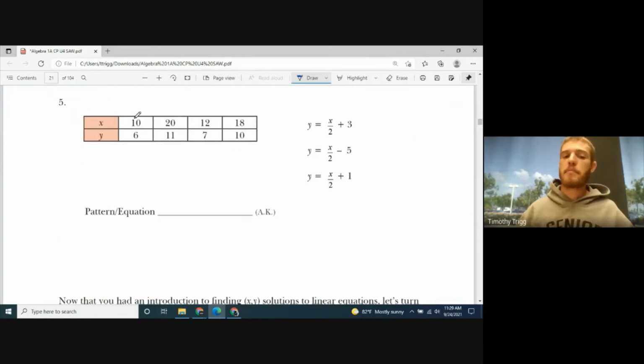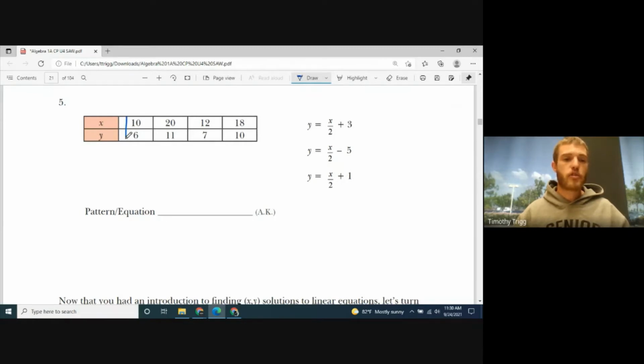All right, this is the same deal, except they wrote it vertically with the x and then the y, but it's the same idea. Replace the x and y coordinates in these and figure out which of these equations would produce this set of coordinate points. So let's try the first equation, y equals x over 2 plus 3.